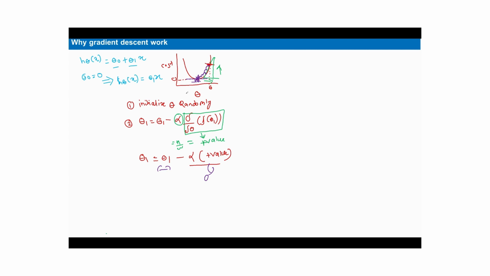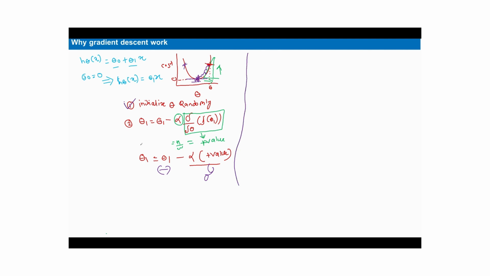Now you may have a question: we randomly initialize theta here, and because of that we got to this point, but what if theta is on this side? Meaning the random theta is generated on this side in step 1. At that time I will give the illustration again.